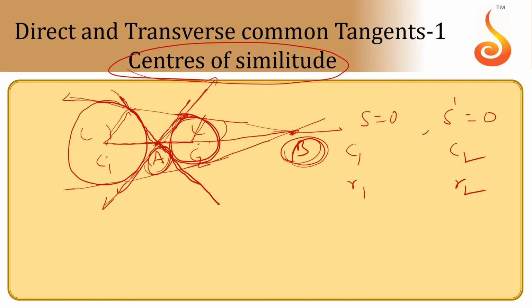So you can use the S1 square equals S11 into S formula to get the equation of the pair of transverse common tangents. After getting B, use any circle, because for any circle there is a pair of tangents, which I discussed in the last concept. You can use them to get the equations of direct common tangents.